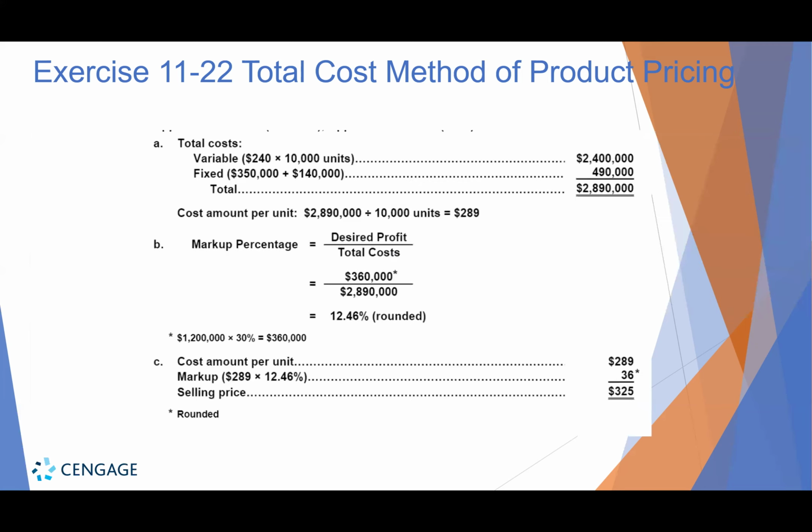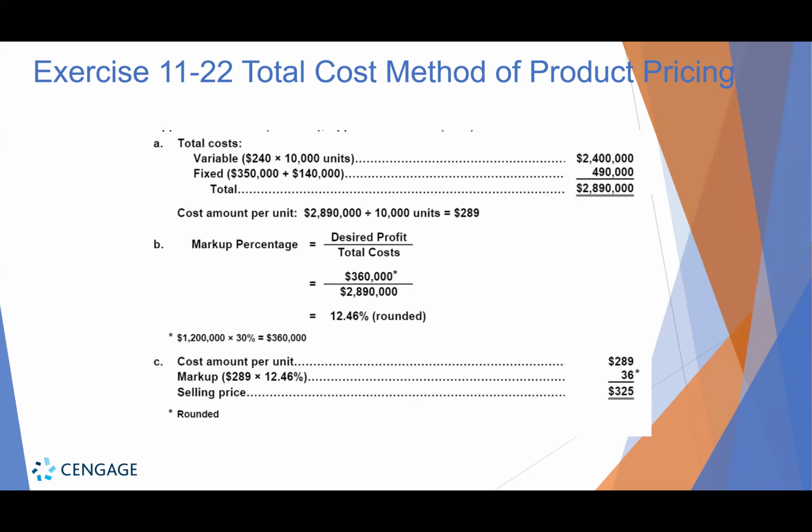So let's look here. If we've got our variable cost of 10,000 units, 2,400,000, we've got our fixed costs of 490,000. We've got 2,890,000 total costs. We divide that by our 10,000 units. It's $289 per unit.